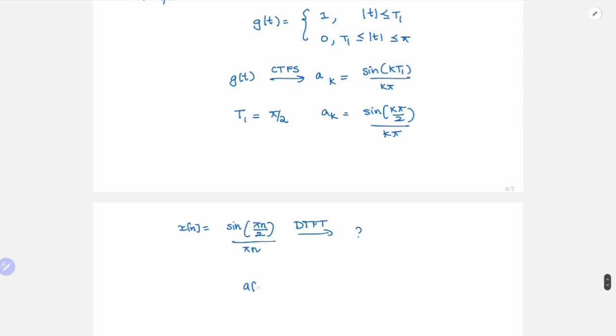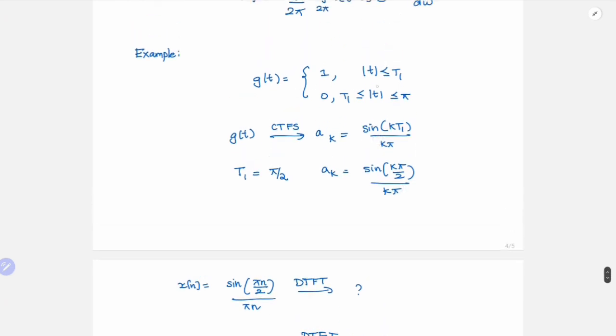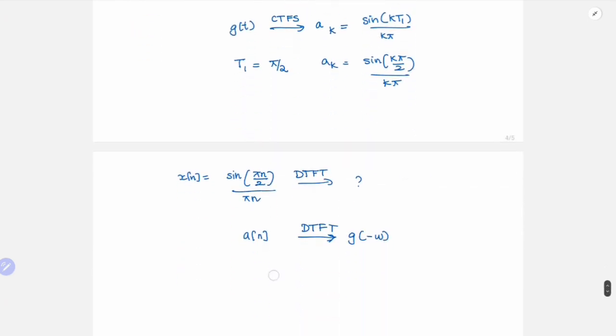If my a of k is given here, what will be my discrete time Fourier transform? If I say a of n, it is going to be g of minus omega. And what is my g of t? g of t is equal to 1 for mod t less than or equal to pi by 2, and 0 for mod t greater than pi by 2 and less than or equal to pi.